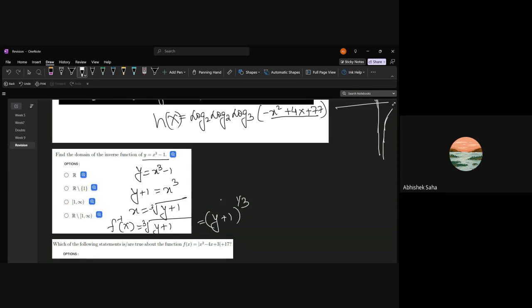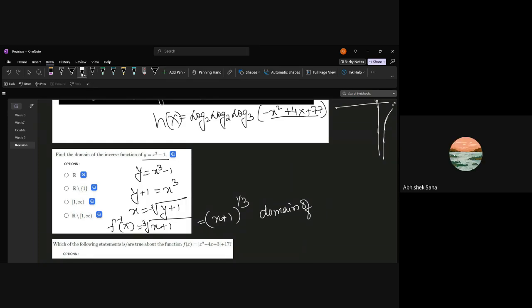And now find the domain of this function. Is this function restricted to any values? You know that this function is not restricted, right? You can put any value here, positive, negative, whatever the value. So the domain of this function will be real numbers, R. Or here I should write x because I have changed the expression. f inverse of y is equal to (x plus 1) whole cube.